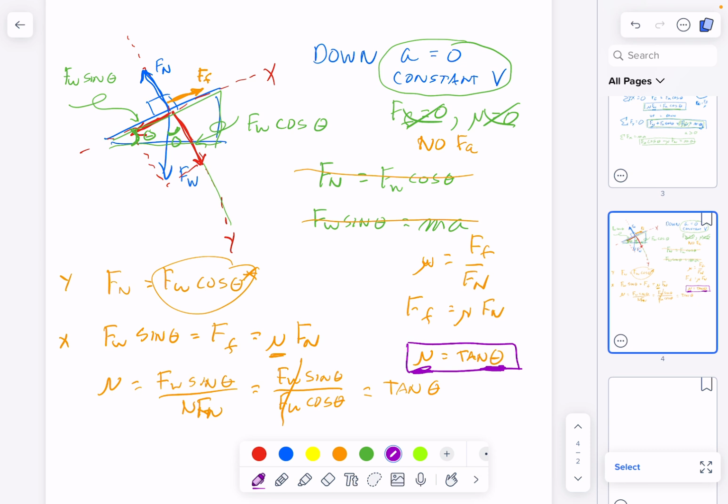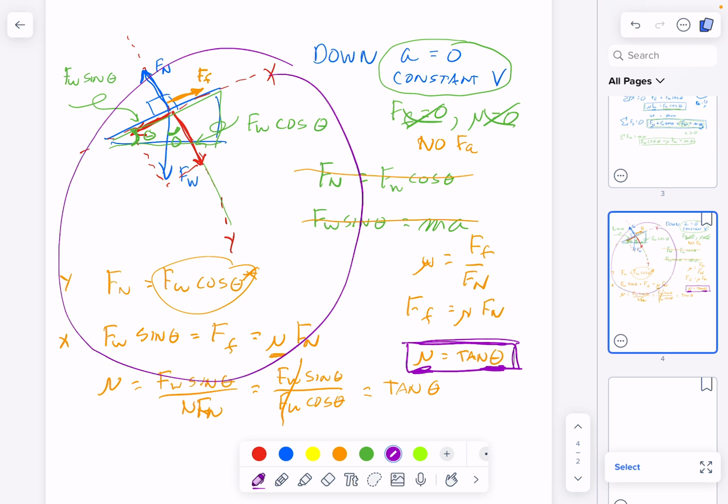And this saves you a whole lot of work. If you get a multiple choice question on, let's say, an AP physics test, and I'm just speculating here, rather than do all of this work and all of this diagram, you just jump right on this identity for moving at a constant speed down a plane of angle theta when there is friction.